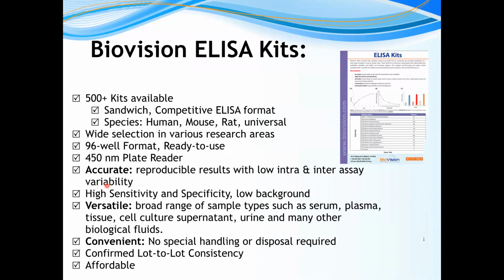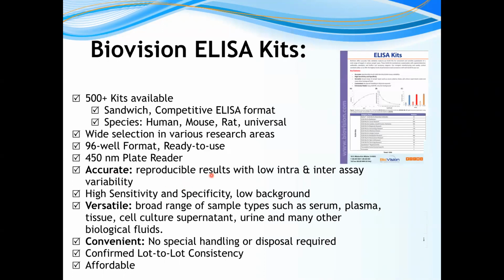Mostly our ELISA kits do not require any expensive equipment or instruments. They usually require a plate reader that can read at 450 nanometer. In some cases, we recommend a reference wavelength of 650 nanometer just to set up the base levels. All of our ELISA kits are very accurate.